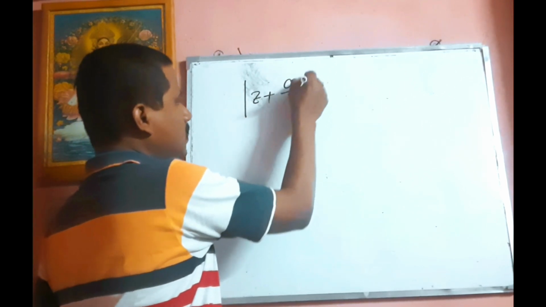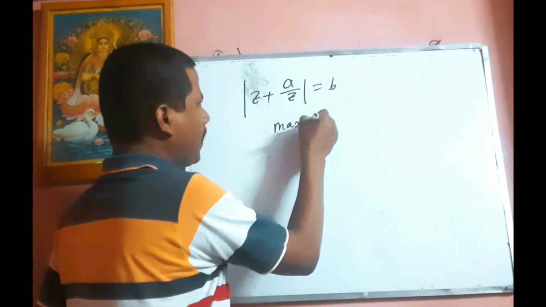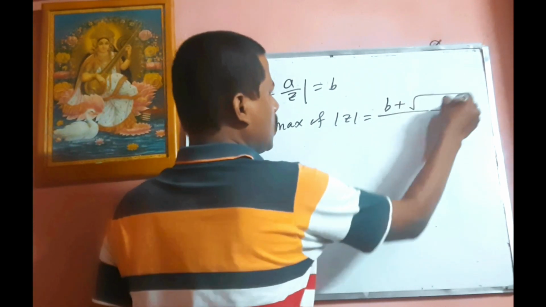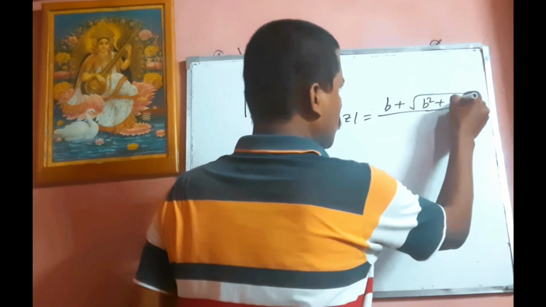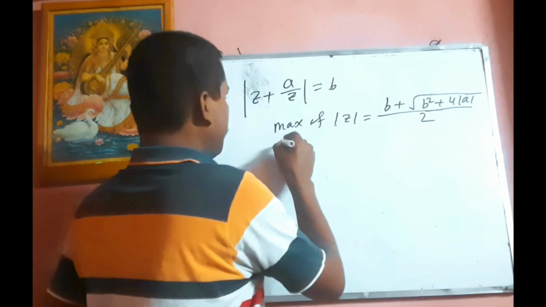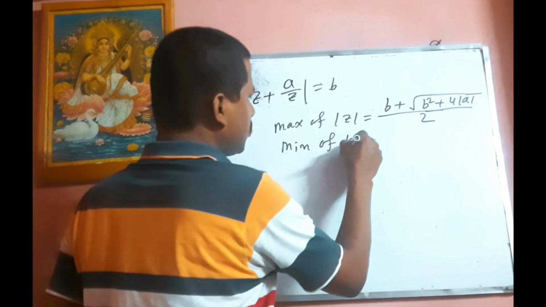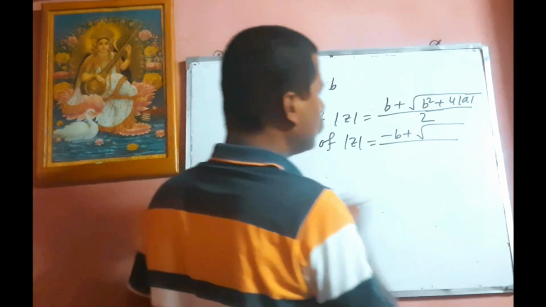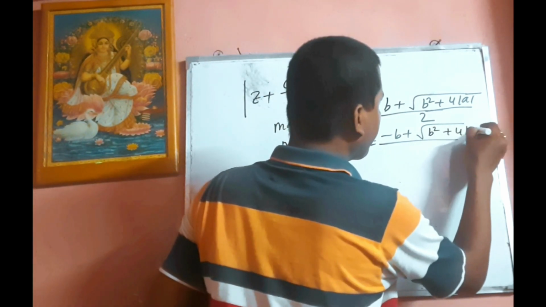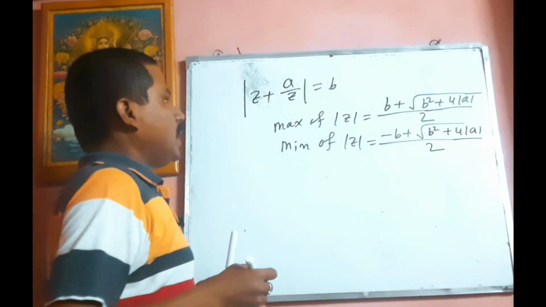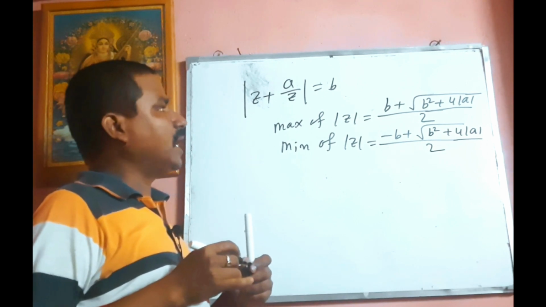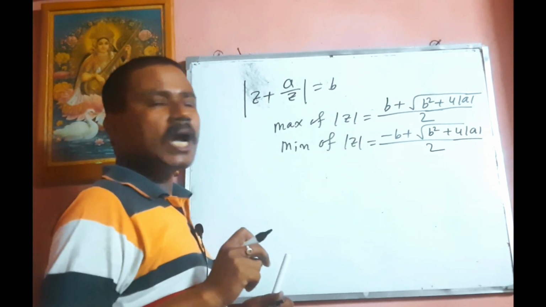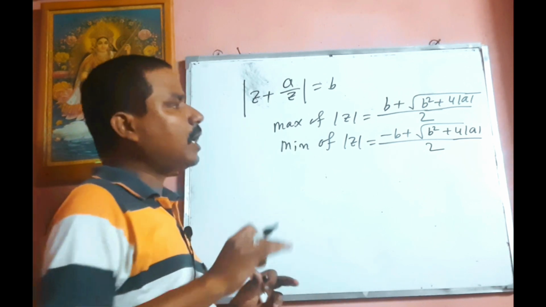If modulus of z plus a by z is equal to b, then the max of mod z will be b plus root under b square plus 4 times mod of a, divided by 2.